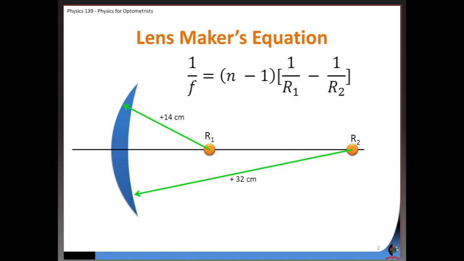You can also take n as mu. That means n or mu is the refractive index, and R1 and R2 are the radii of curvature of the two faces of the lens. F is the focal length. Children, have you understood?